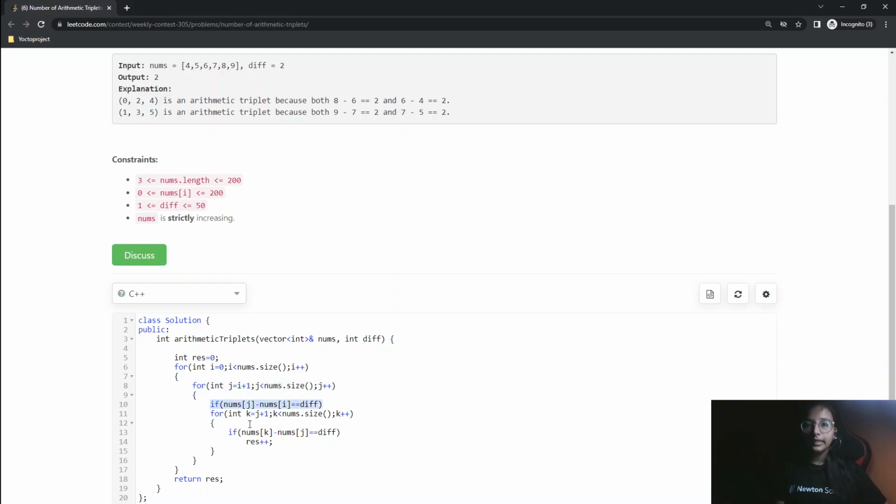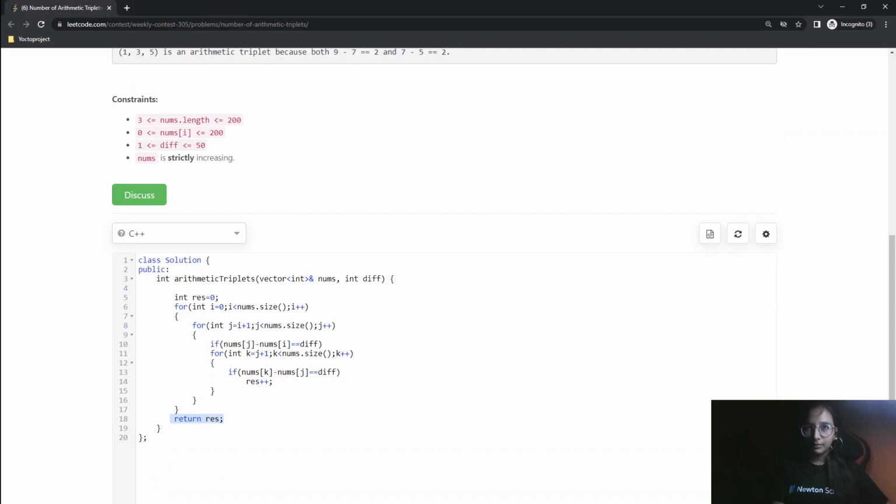If it is found, only then will the third loop run, and in this third loop we check whether we are able to figure out our difference at this particular point. If we are, only then will we increment our result, and at the end we'll return this result. This result directly refers to the number of arithmetic triplets which we are required to figure out. So this was all for this particular question.